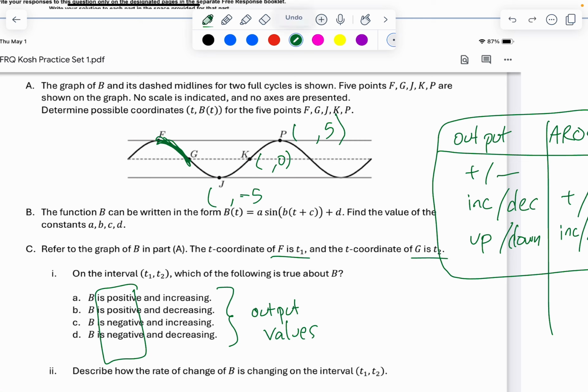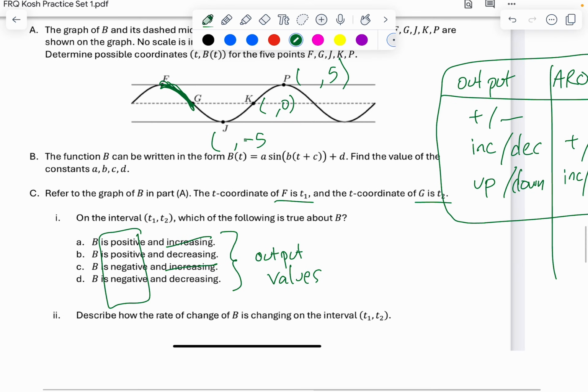So we can't just look at the graph without knowing any numbers for that part. However, we do know the graph is decreasing, so we can already eliminate those two, and we just need more information to know if our output values were positive or negative.